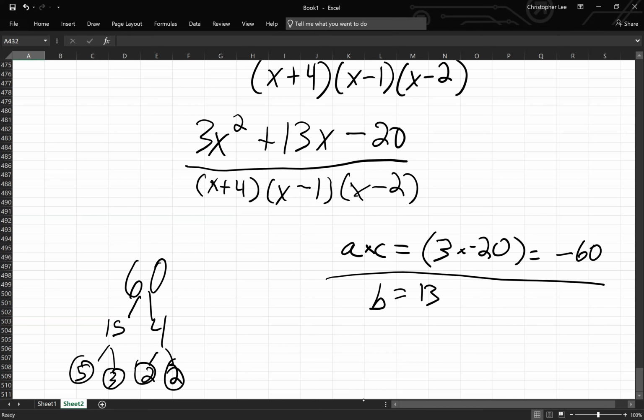Not 7. It's not 12 and 5. Positive 13. 12 and 5?